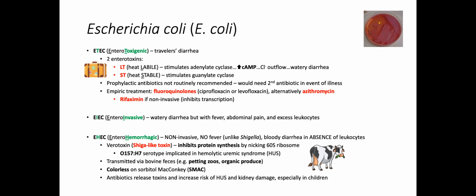He had severe bloody diarrhea. And the issue is, as well, we did a CBC on him and he was pretty anemic. So the antibiotics release toxins and increase the risk of HUS. He didn't actually have hemolytic uremic syndrome, but he did have pretty bad anemia. So of course, antibiotics were stopped. He got IV fluids and he ended up doing okay.